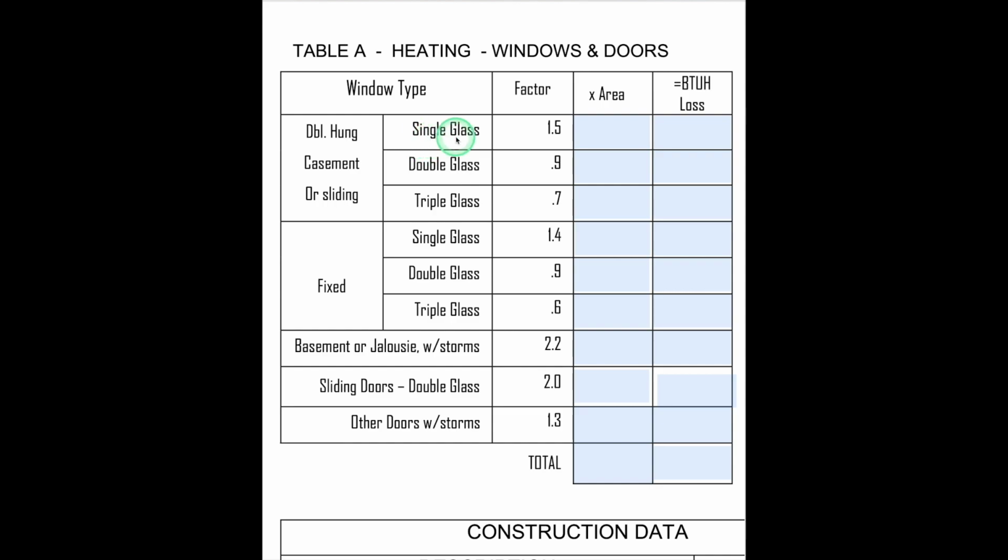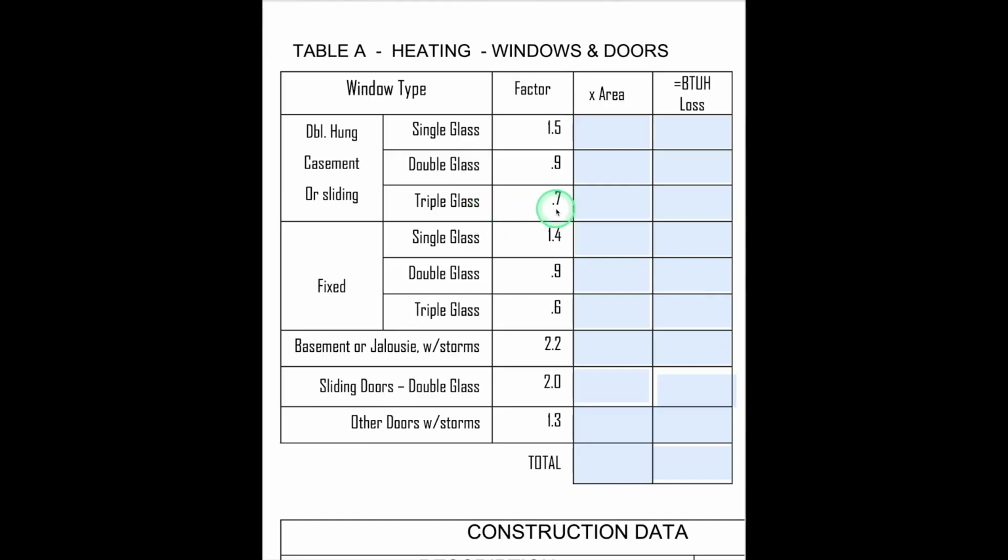A single pane glass window means there's just one sheet of glass in that window. A double pane glass window means there's two pieces of glass in that window. And the same thing with the triple pane glass window, there's three sheets of glass in that one single window. Now, as you notice, the more glass you add to the window, the more energy efficient it becomes.